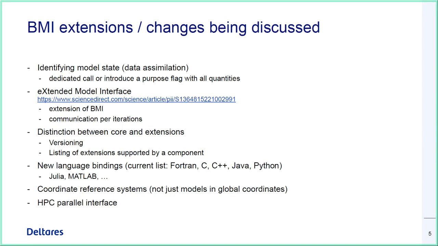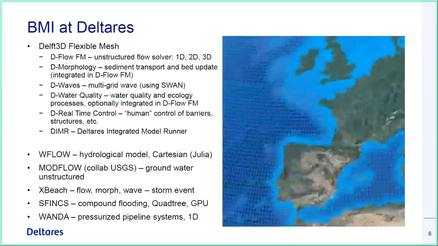Coordinate reference systems: most of the models discussed here are in global coordinates, but going to smaller scales, we also have engineering models which use local coordinate systems. So all the coordinate transformation issues come in. We have not actually discussed it in the council, but the parallel interface is on the list of topics to be discussed. And so I hope to get feedback there.